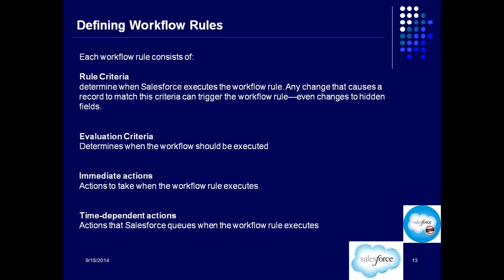Let's say you don't want to perform an immediate action, you want to perform an action after 3 hours. So those are the time dependent actions. Okay. So this is it. In a workflow rule, you simply have to define a rule criteria, evaluation criteria, immediate action, and time dependent action. Fine. Now let's take a simple example.